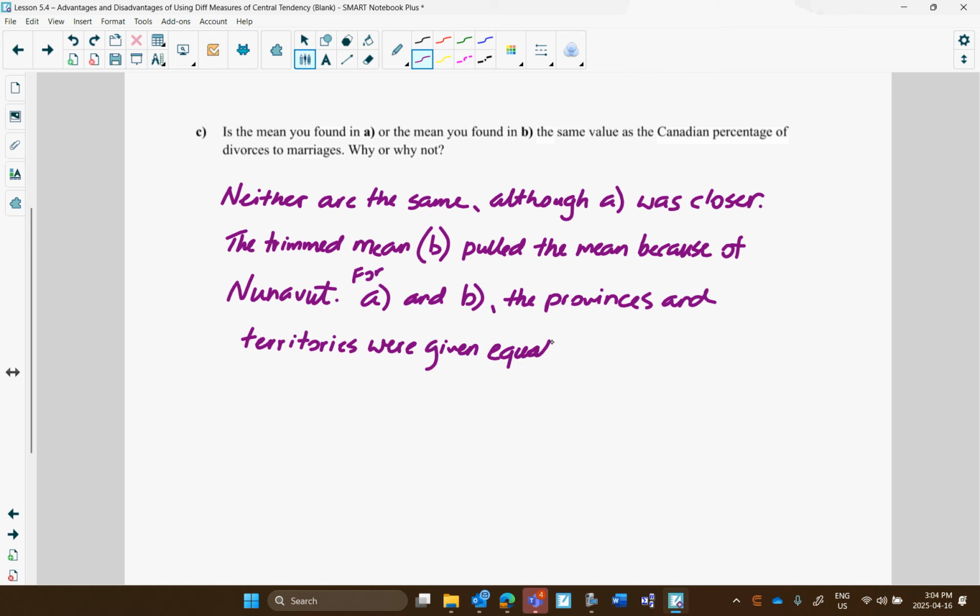But that doesn't make sense because they have different numbers of marriages and divorces, okay? Which they shouldn't. If they had the same number of marriages and divorces, then you could average out all the percentages. But because they don't, okay, that means we're not going to get an accurate measure of the mean.